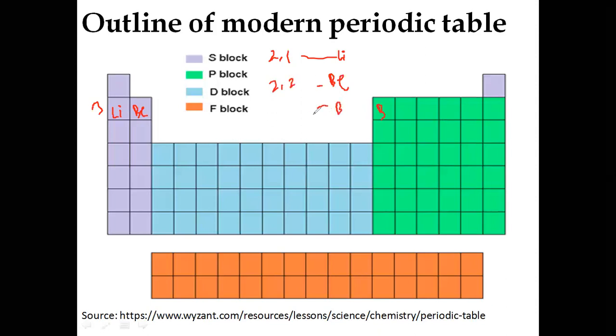And boron will be 2, 3. So what you can see is that all of them have 2 shells. Here, electronic configuration plays a very important role in the modern periodic table. This whole structure of the modern periodic table, that is groups, periods, and blocks, we will see in detail in the next sessions. Till then, thank you so much.